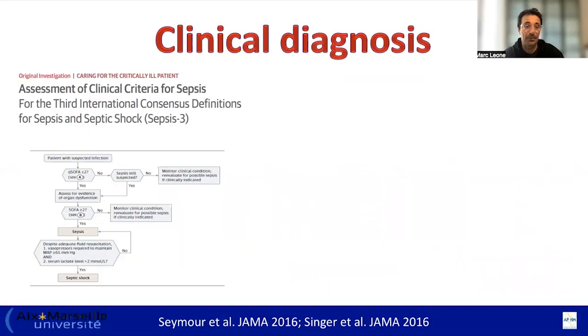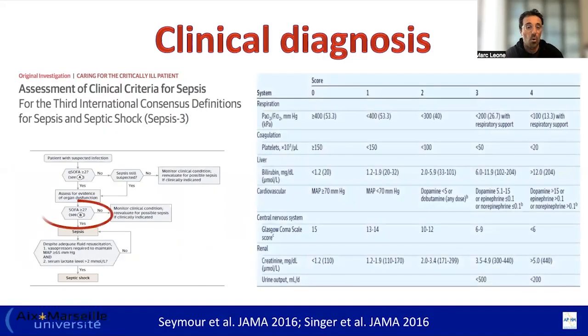The next step is to diagnose organ dysfunction, and you can do that very intuitively by a systematic approach, or you can use a score like the SOFA score, for sequential organ failure assessment score.